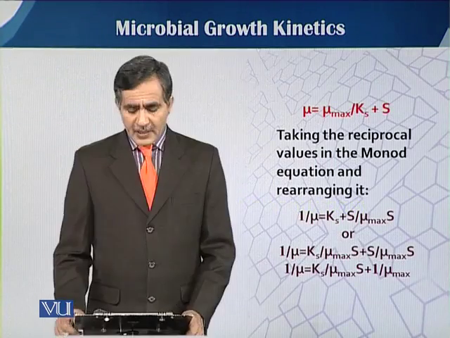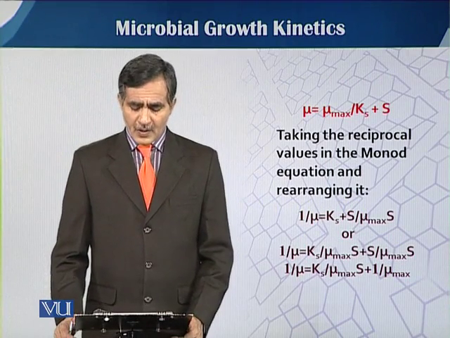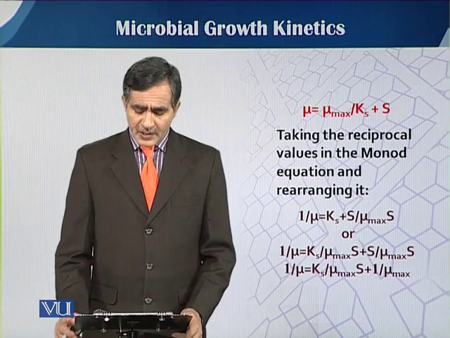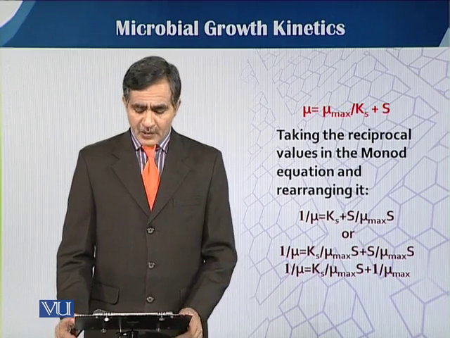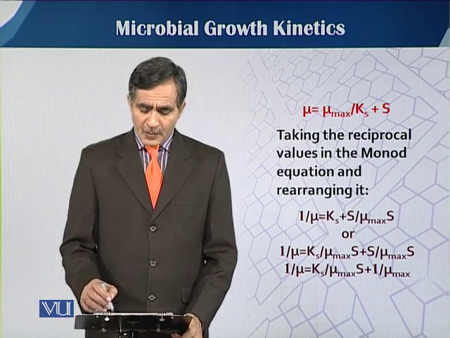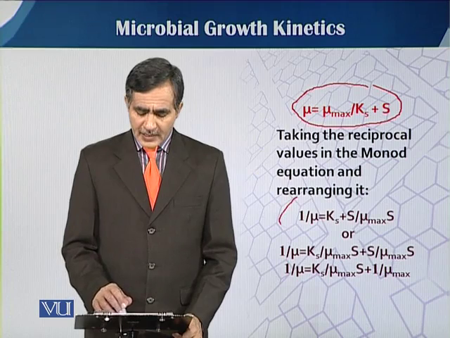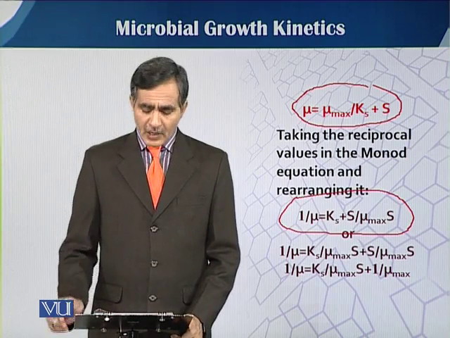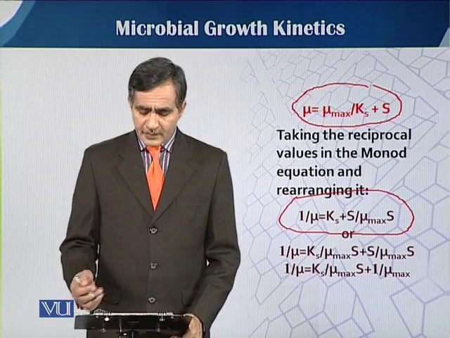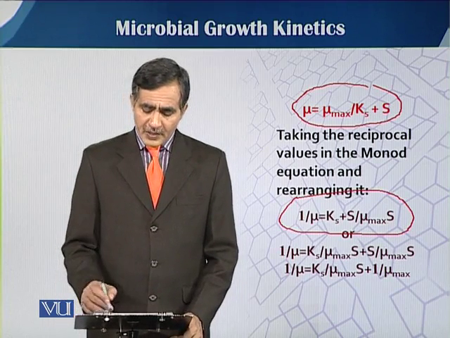In order to calculate the Monod parameters mu max and Ks, we have to take the reciprocal of the Monod equation. By taking the reciprocal, we get 1 over mu equals (Ks plus S) over (mu max S).